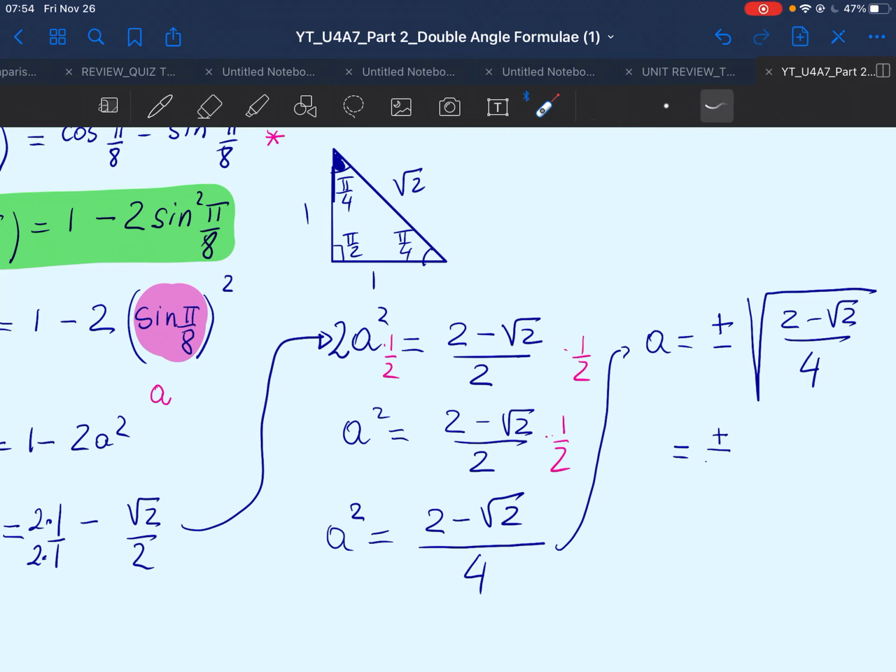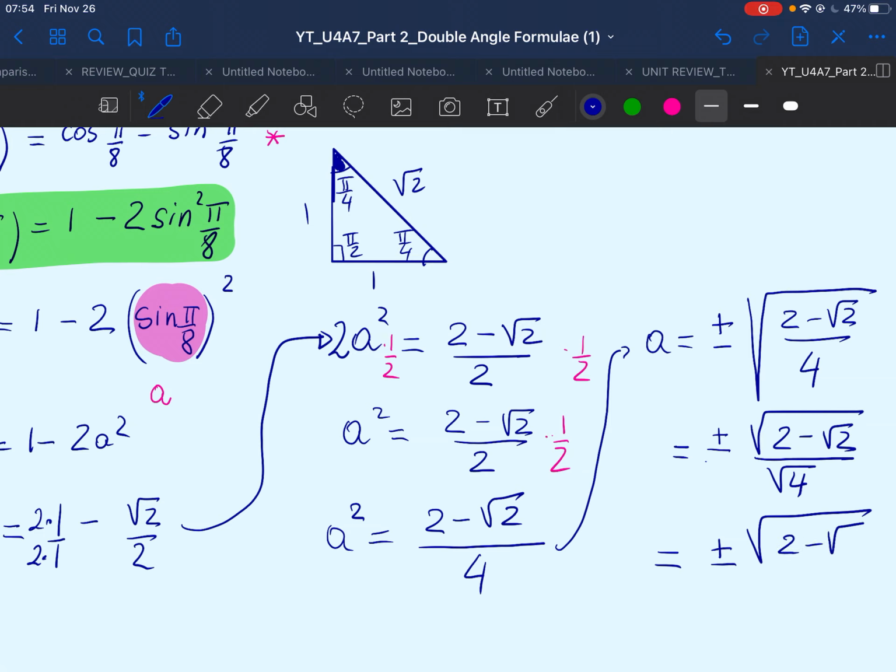So if the whole fraction is inside the square root, it means that we can give a root to each numerator and denominator. So that can be the square root of 2 minus root 2 divided by the square root of 4. Or even better, plus or minus the square root of 2 minus square root 2 divided by 2. And this would be the sine of pi over 8.